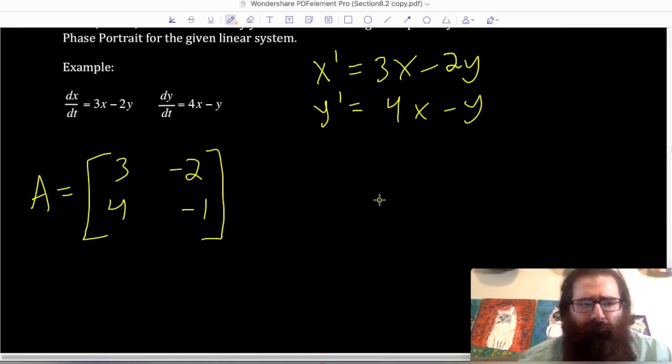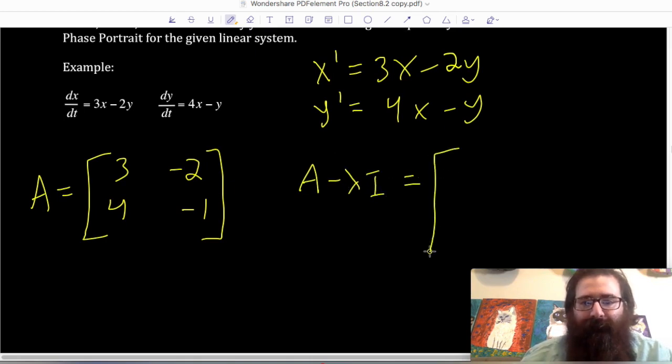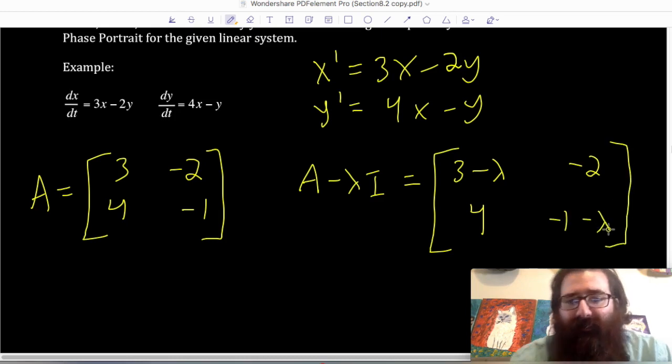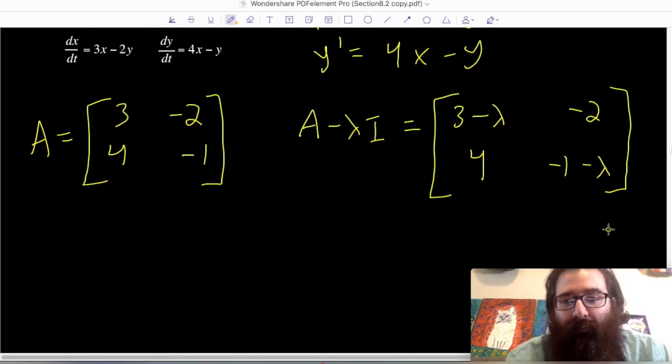So make sure you're careful with anything small like that, always alert. You got enough coffee to see those small things. And A minus lambda I, subtracting lambda on the main diagonal. We've seen this stuff before in the course, and now we're just using it to get an idea as to the behavior at our critical point.